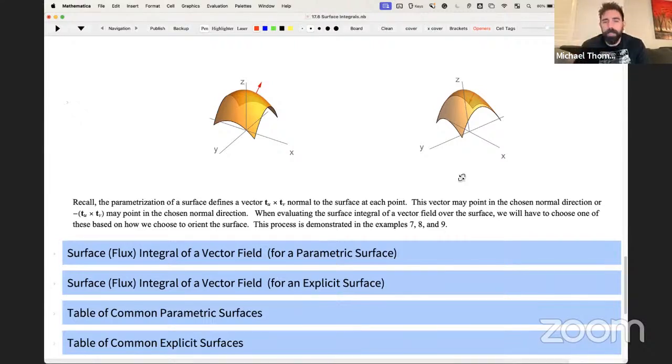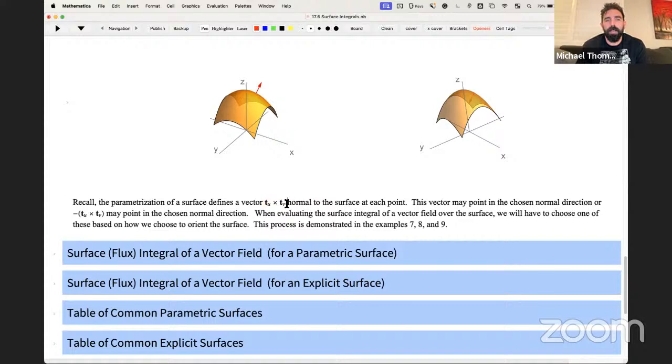All right, so let's see. You guys remember how to parameterize a surface? And did we find Tu? Yeah, we found Tu cross Tv, so we know how to do that. And by the way, that vector right there is normal to the surface. So it's going to point in one of those two directions, just so you know. If it doesn't point in this direction, it's going to point in that direction.